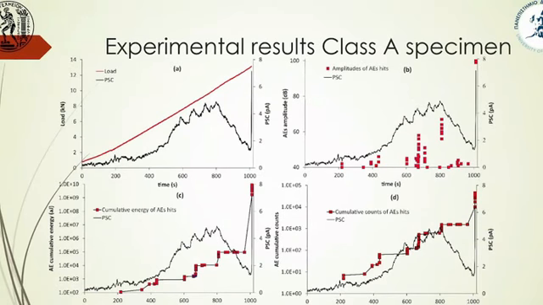And now I present you the experimental results regarding the class A specimen. Figure A shows the temporal evolution of the recorded PSC signal, black curve, in juxtaposition with the applied load. You can see that during the last stages of the loading, around 1,000 seconds, a very steep increase of the current is observed.